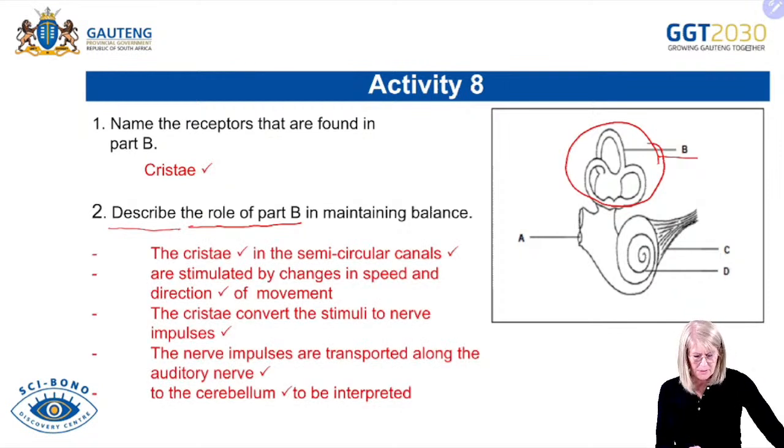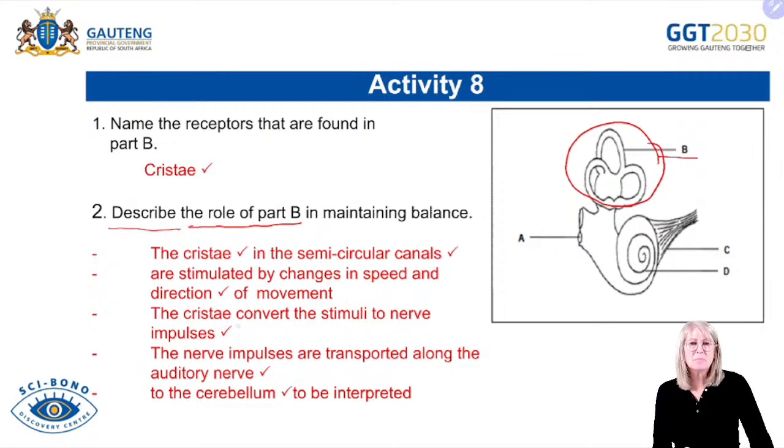The first thing we're going to write down is that the cristae, which are in the semicircular canals, are stimulated by changes in speed and direction of movement. Then the cristae, once they have been stimulated, convert the stimulus into nerve impulses.